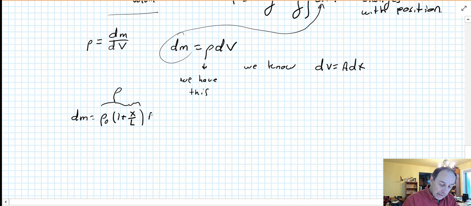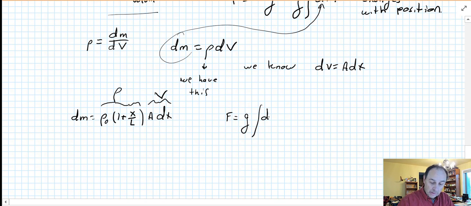And then A dx, this is V. Now we're going to rewrite F. Remember, F was g times the integral of dm. So this is g times the integral of all this stuff over here: rho 0 times 1 plus x over L, times A dx.